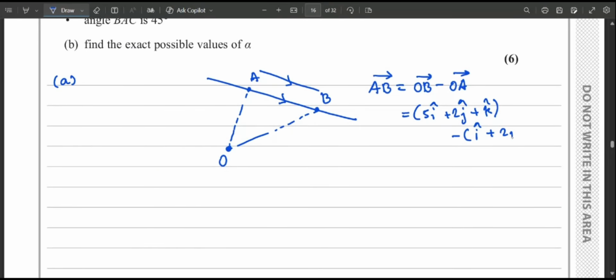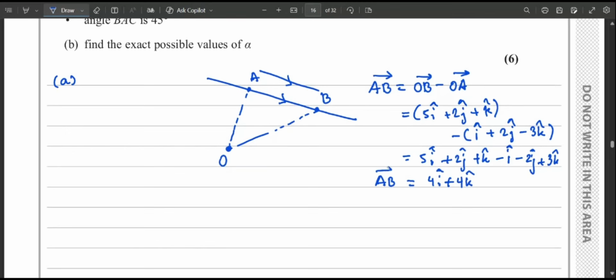Simplifying this, we get 5i minus i, 2j minus 2j, and k plus 3k. Ultimately, we get 4i, the 2j and minus 2j cancel out, and plus 4k. So ultimately our answer is 4i plus 4k. This will be our vector AB.